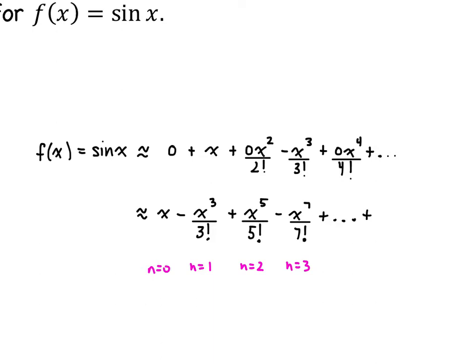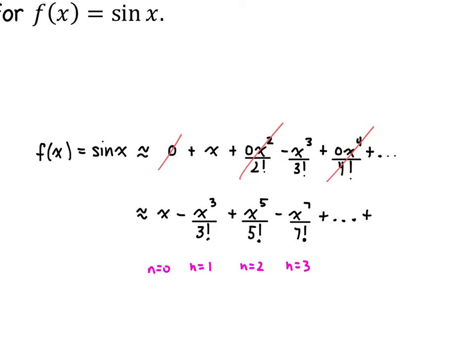Cleaning this up, we can eliminate those terms because the coefficients are 0. So what we really have is x minus x cubed over 3 factorial. If you notice the pattern, the signs are just alternating, and we're dealing with the odd degree terms. So plus x to the 5th over 5 factorial minus x to the 7th over 7 factorial.